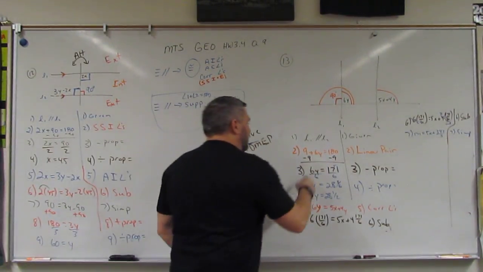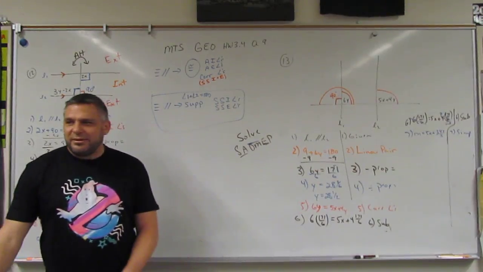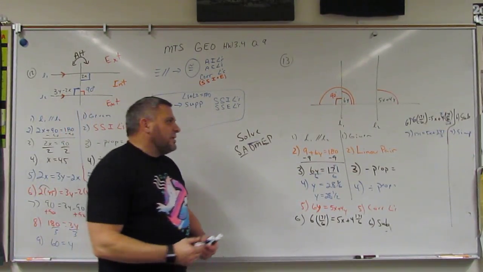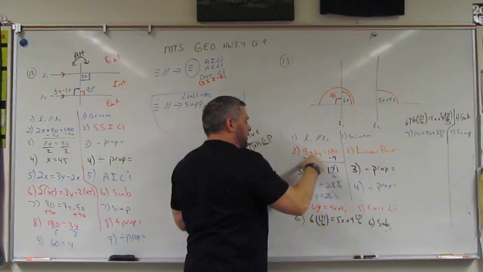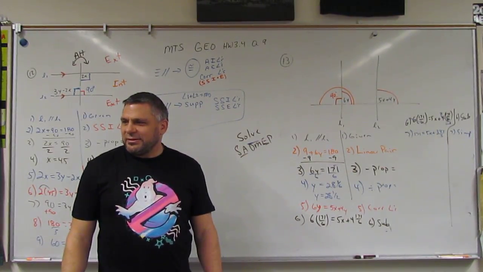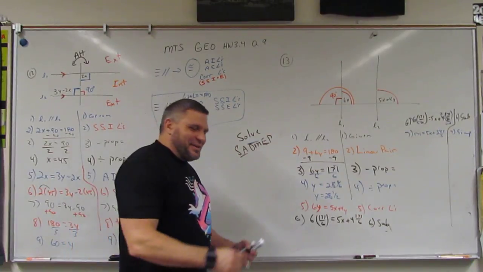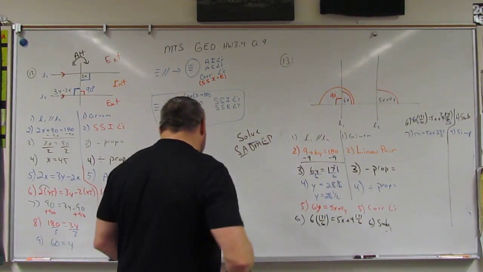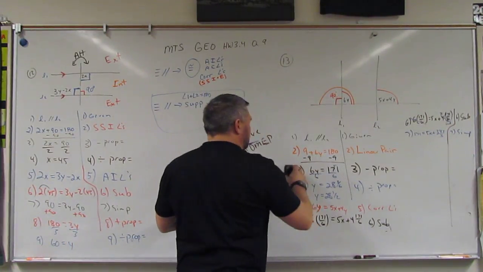Way back here, what did I do wrong? 6y equals 9. I don't know where I got that 9 plus 6. I was supposed to tell you the first thing. We only have 4 minutes. Well, let's fix this problem.